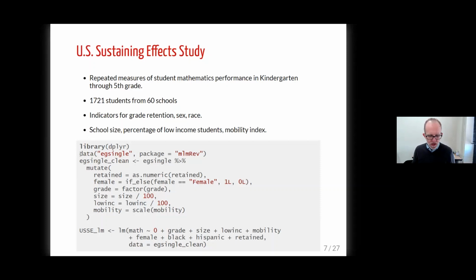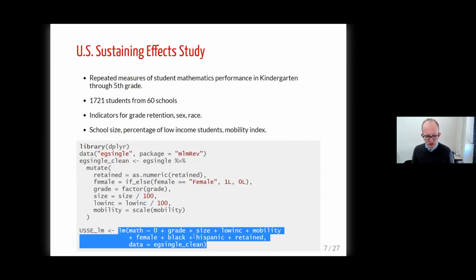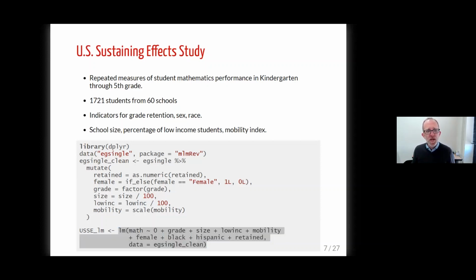Here I've done a bit of data cleaning, and then at the bottom I fit a regression with most of the predictors predicting math performance at a given point in time as a function of the student's grade level, the size of the school, the percentage of low-income students in the school, mobility, and then demographic predictors. I'm going to focus on just the associations between the school level predictors and math performance. So how does school size predict the level of student mathematics performance? How does the proportion of low-income students in school predict mathematics performance, and so on?